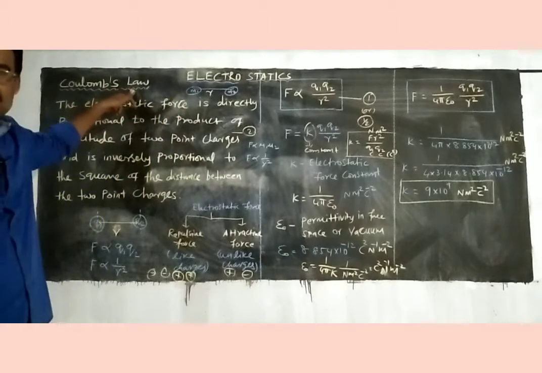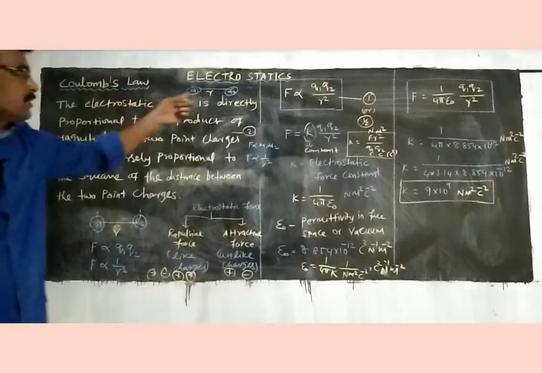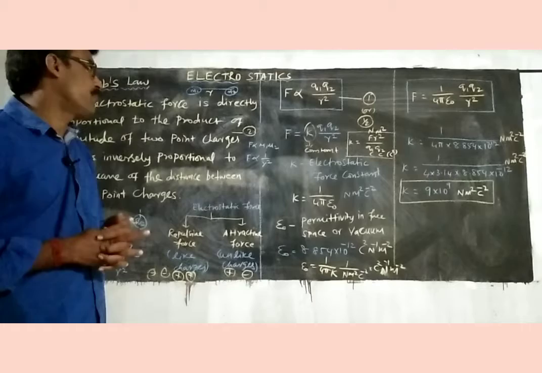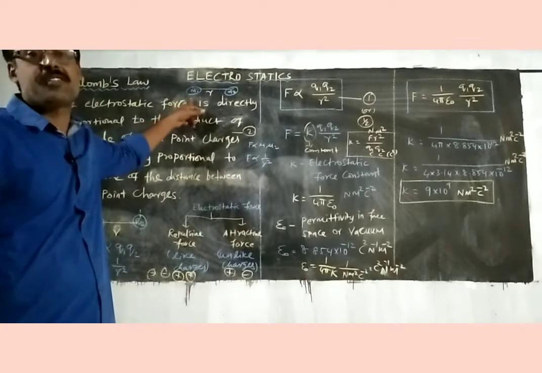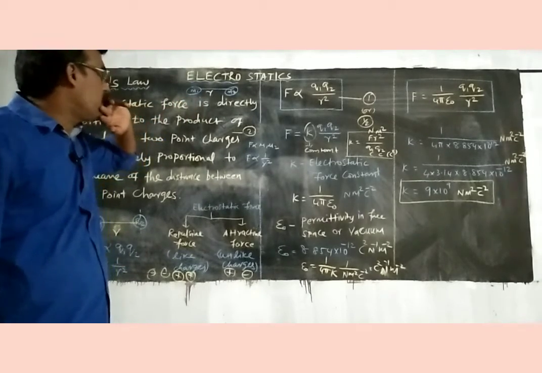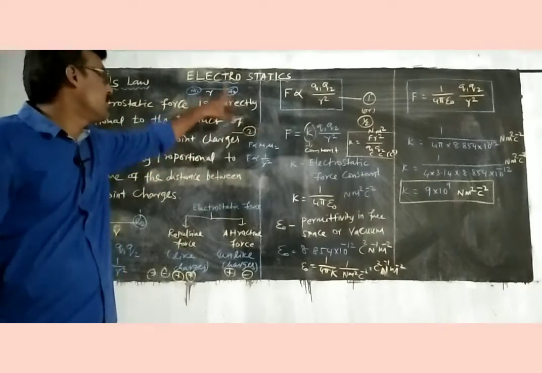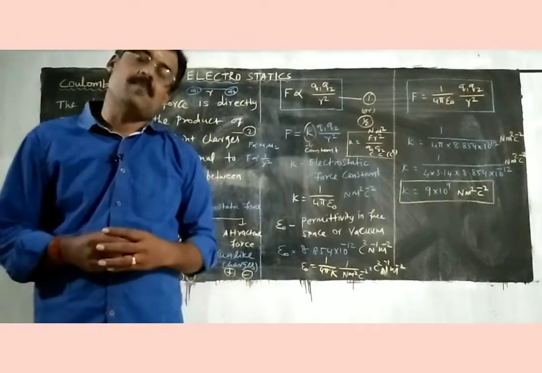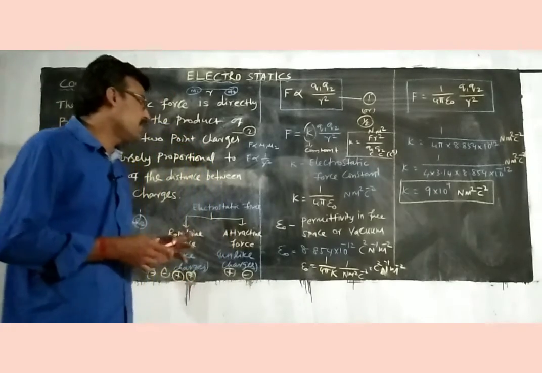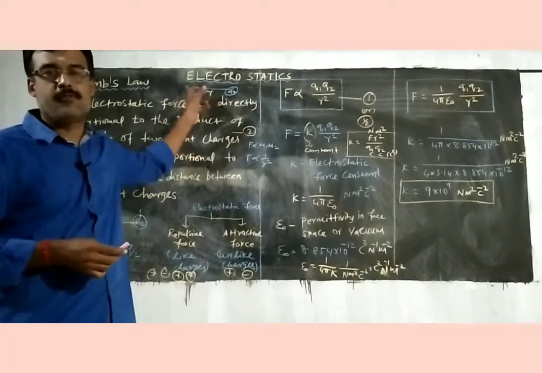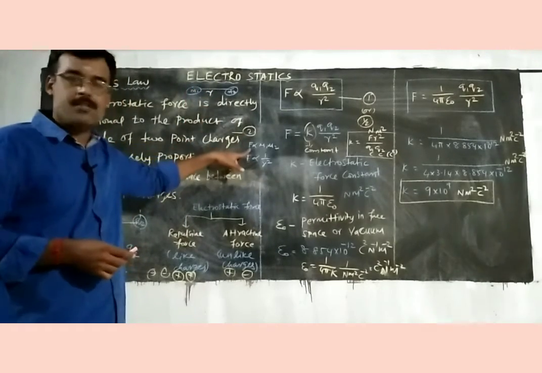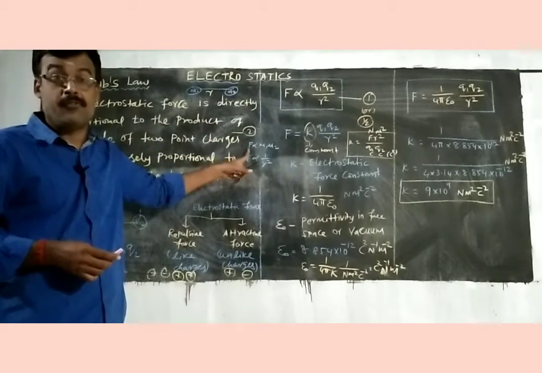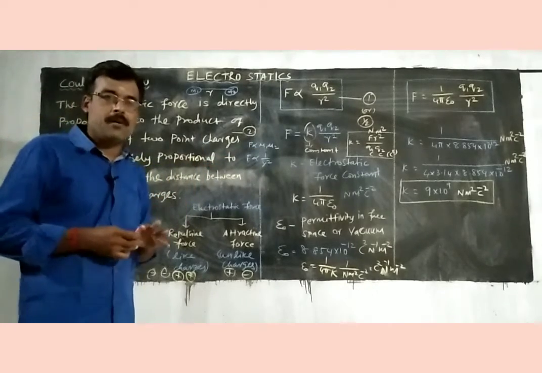So Coulomb's law. What does Coulomb's law say? In 11th standard we had discussed one particular law, Newton's law of gravitation. What did we say there? There are two masses, and between these two masses there is a force of attraction. The force between the two masses is directly proportional to the product of the two masses.